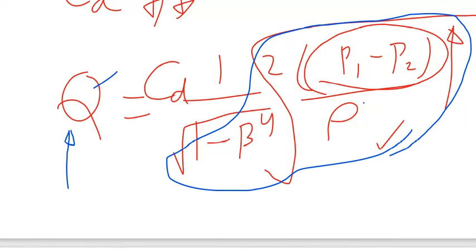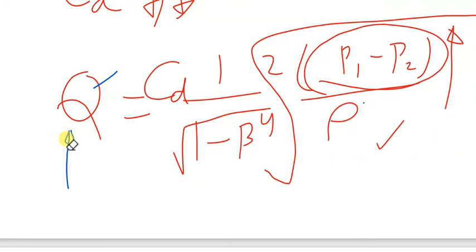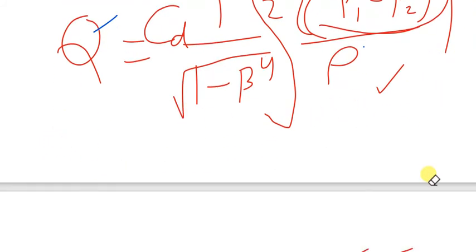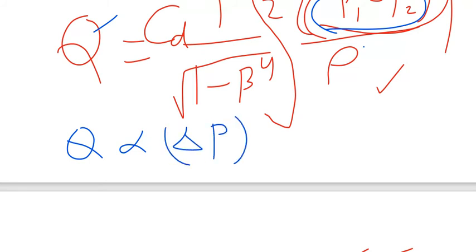We can also find CD another way. What we did, we measured Q and delta P. This is Q real versus delta P. If we plot Q versus delta P power half, that should give you a straight line.